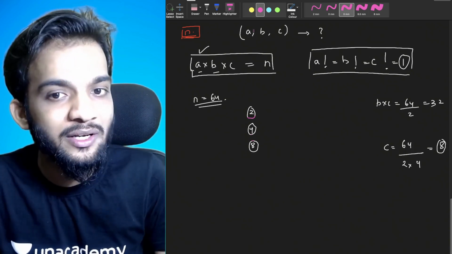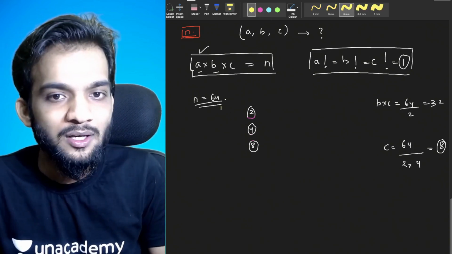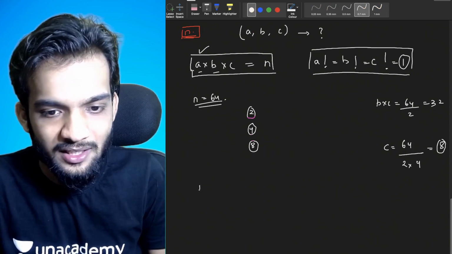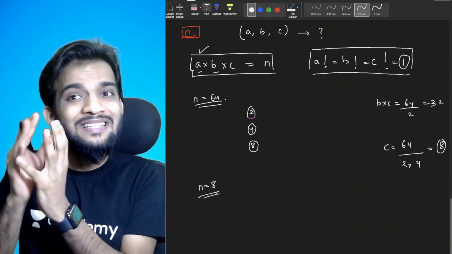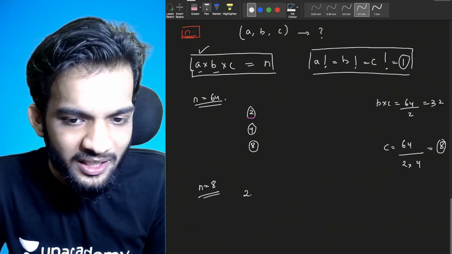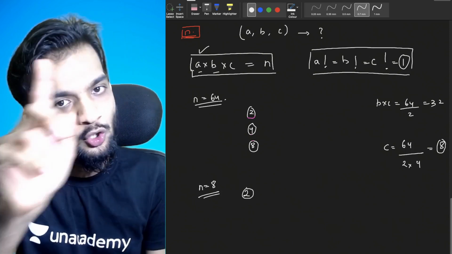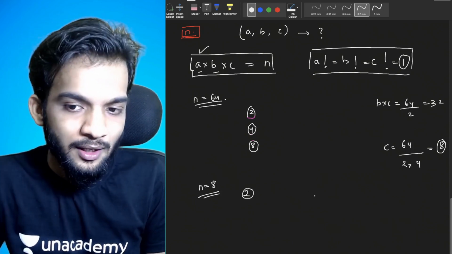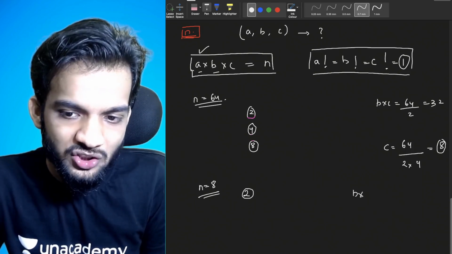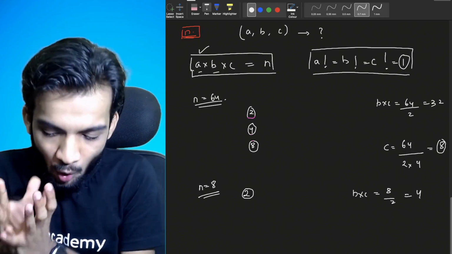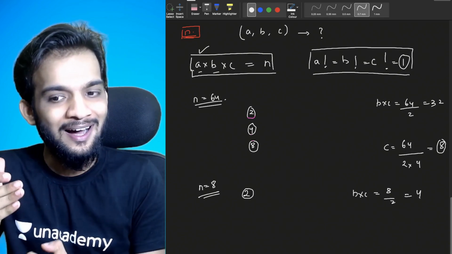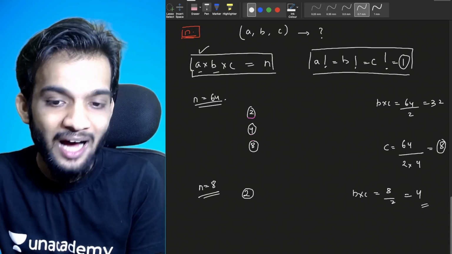So I'll give you a counter example. Let's take n equal to 8 and apply the same method. The smallest factor that I'll get of 8 is 2. After that, b crossed c will become 8 by 2, that's 4. Now what's the smallest factor of 4 other than 2?